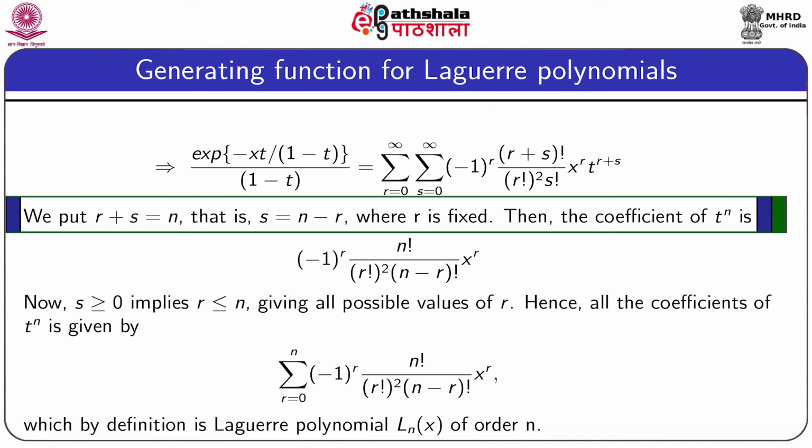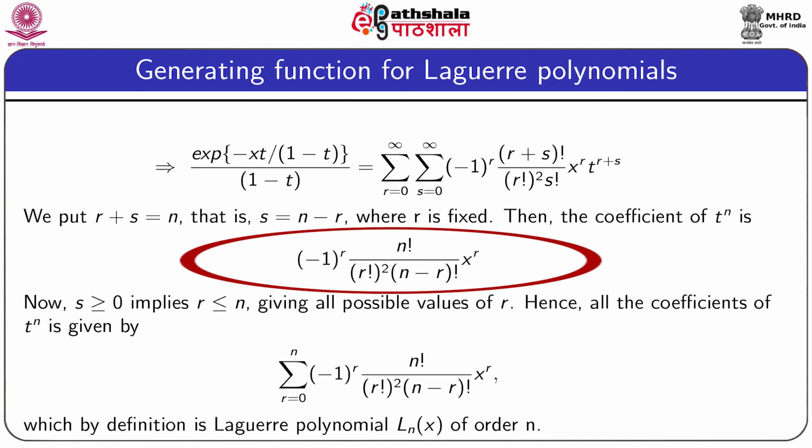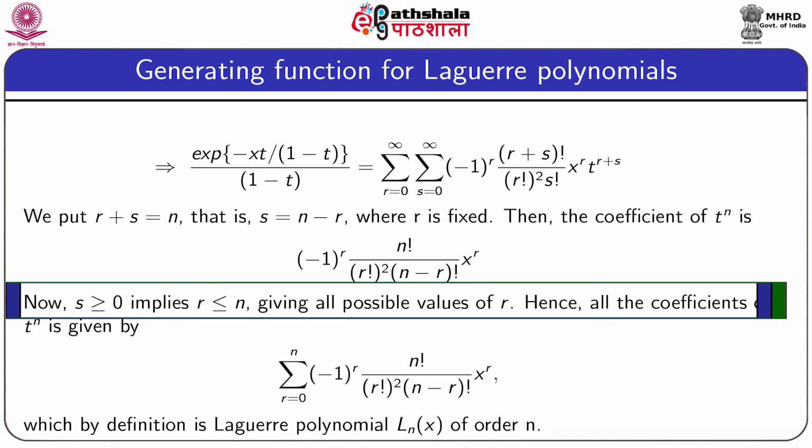where r is fixed. Then the coefficient of t to the power n is given by minus 1 whole to the power r into n factorial divided by r factorial square into n minus r factorial into x to the power r. Since s is greater or equal to 0, this implies r is less or equal to n, giving all possible values of r.